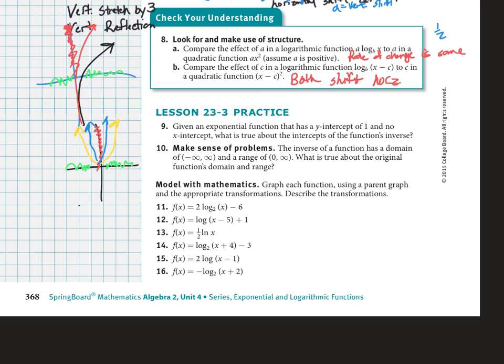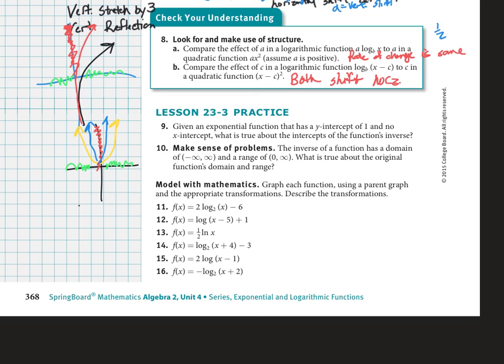You had these for trigs, you have these for radicals. Rationals are kind of a different story, but we'll talk about that when we get to those. And we don't even actually have to cover those, but we will talk about them. All right, that is that.